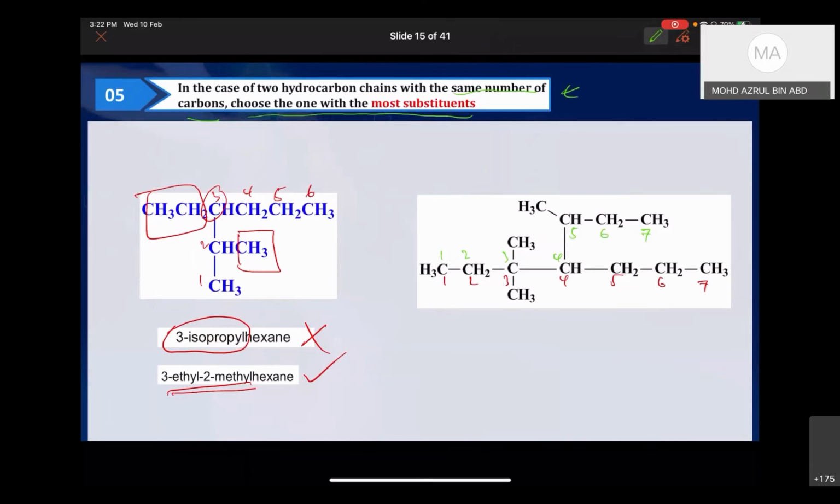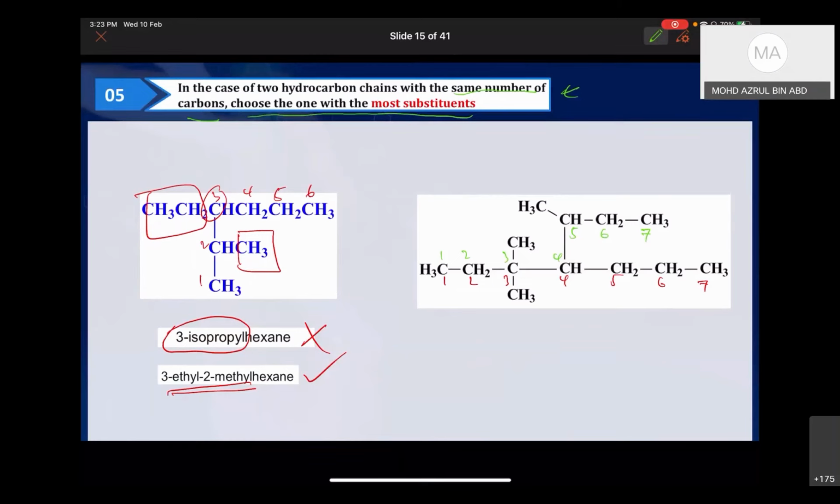Between green or red, which one will be the parent chain? The green or the red one? Green. Okay, the green. Yes, nice.